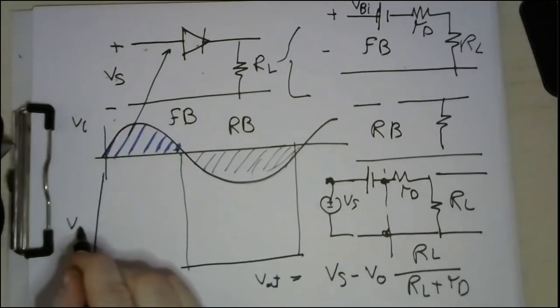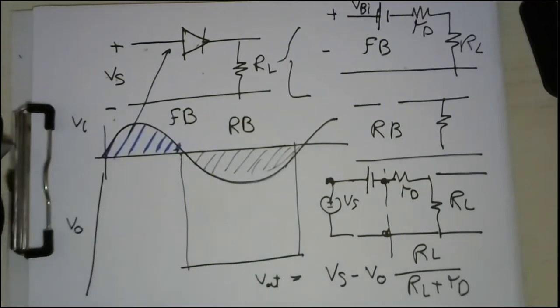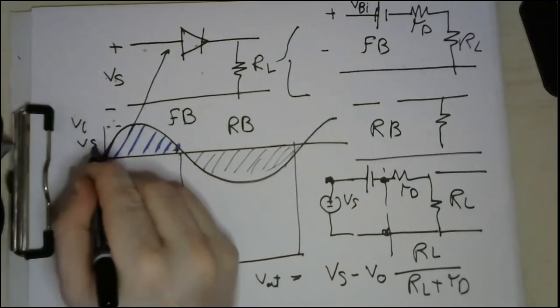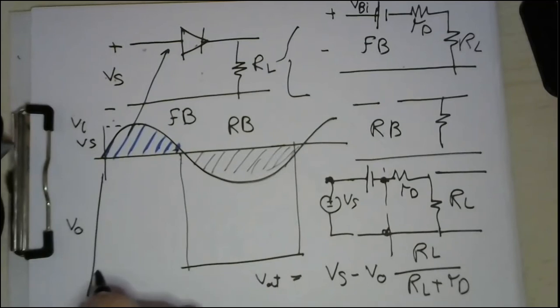Whenever you plot this output here, if this input has a maximum value called Vs, you should expect the output to be something like that: Vs minus V node.